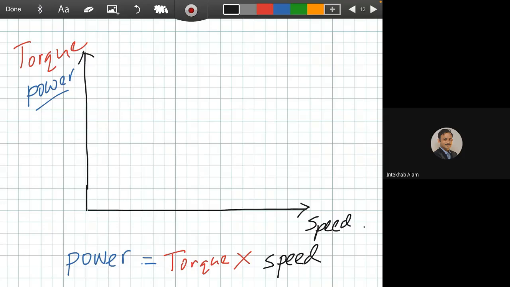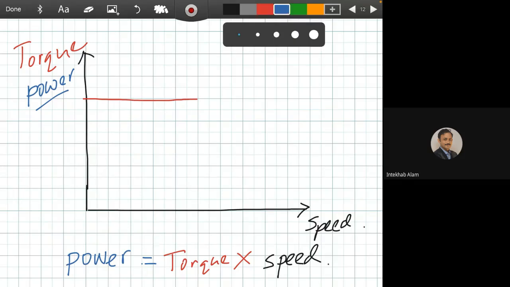Is it okay? So if we want to start a motor with constant torque, what will happen? The torque will go from here. If the torque is constant and we are increasing the speed, the power will be in this form.